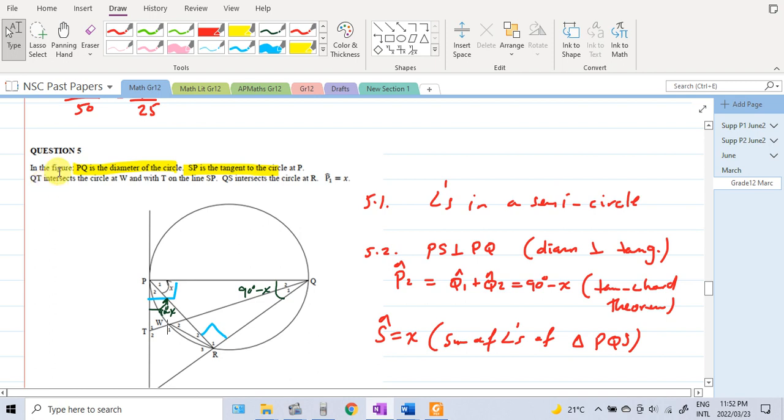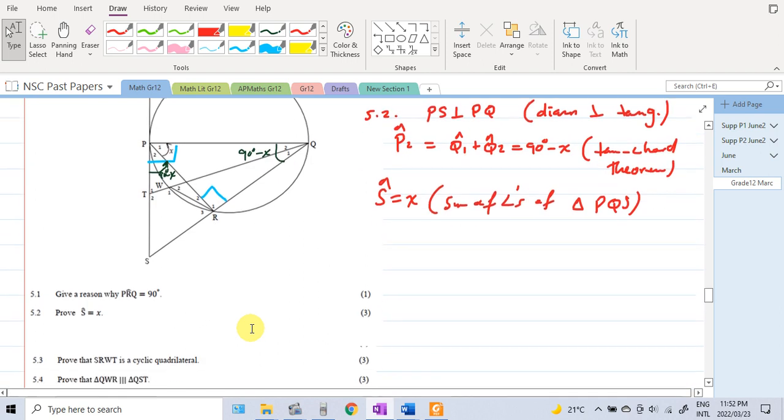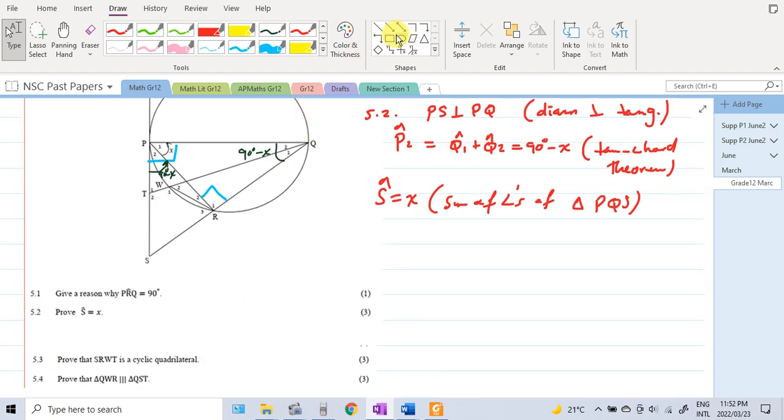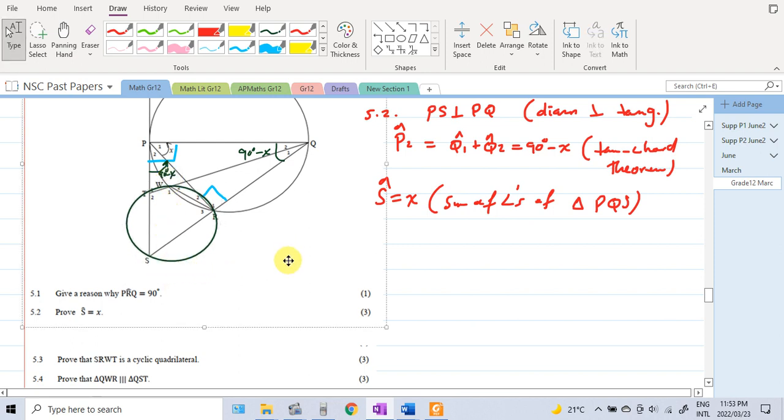They didn't tell us that it's tangent to the circle. This is not an exterior angle of a triangle, so exterior angles of a cyclic quad. What we want to prove is this one here. Let me just draw a circle around this. So that's the cyclic quad that we're trying to show.